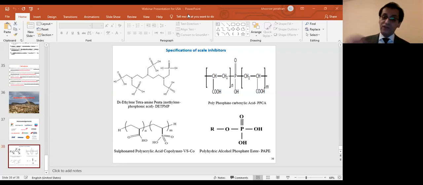If we inject the scale inhibitor at higher pH, squeezed to the near wellbore, we get an incompatibility issue and they don't work properly. That's why we use pH 4 and pH 2. On the other hand, we have to consider the materials we use for squeeze treatment, because pH 4 and 2 are acidic, and we have to use instruments which are resistant against the acidic solution.